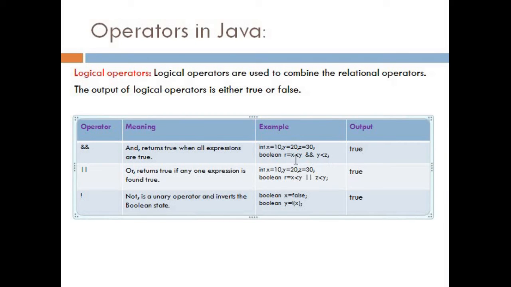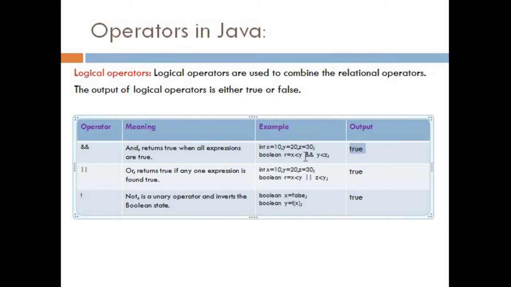So in this case, both these expressions x less than y and y less than z return true, so this AND operator shall also return true in the output. So in the output you can see the result as true, and this value which is true shall get stored in this boolean variable called r.